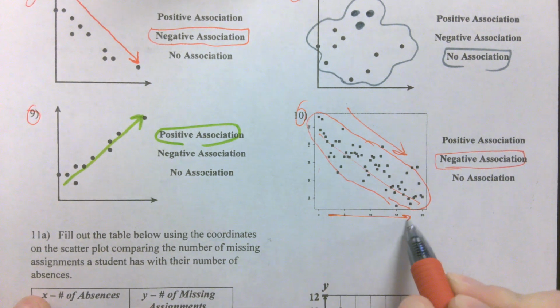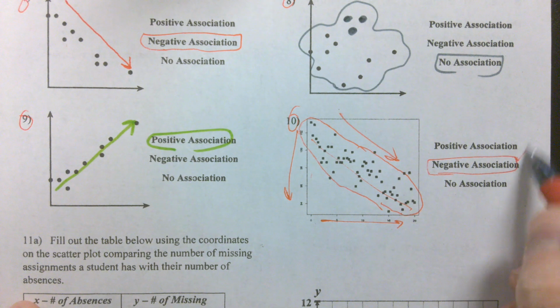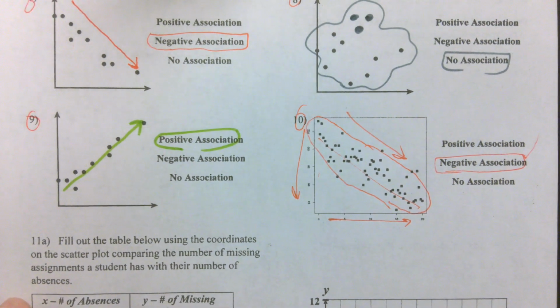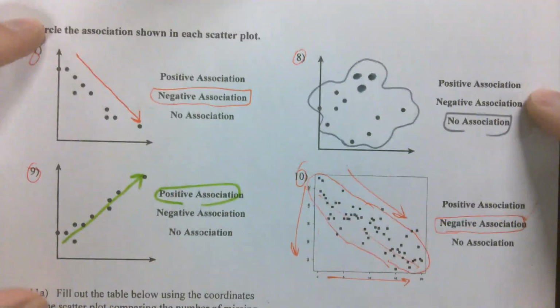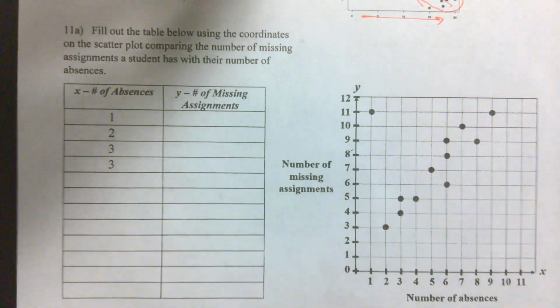As the x increases, the y decreases. That is a negatively associated group of data. All right? Any questions about those? Cool. Pretty straightforward. Pattern recognition, right?